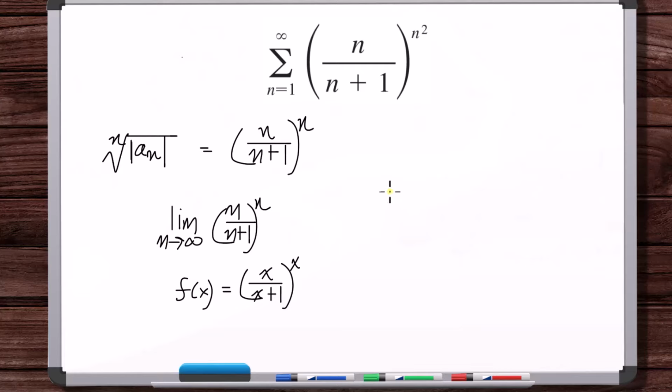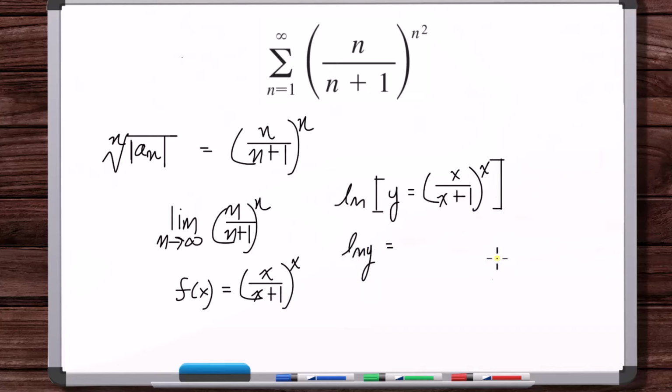We say that y is equal to that function, and then we take the natural log of both sides. So natural log of y is equal to x natural log of x over x plus 1.